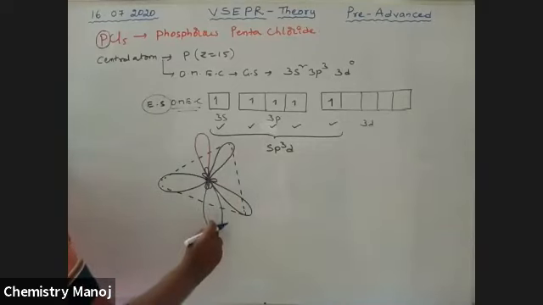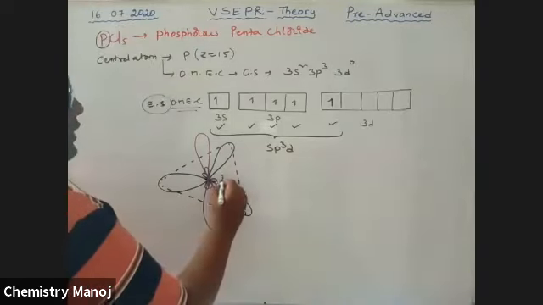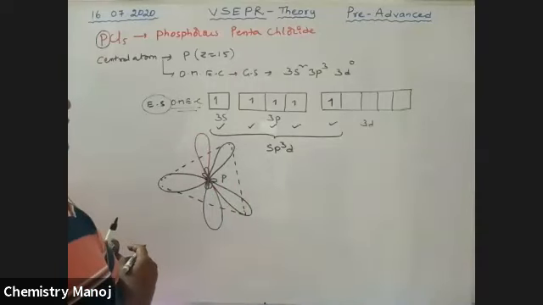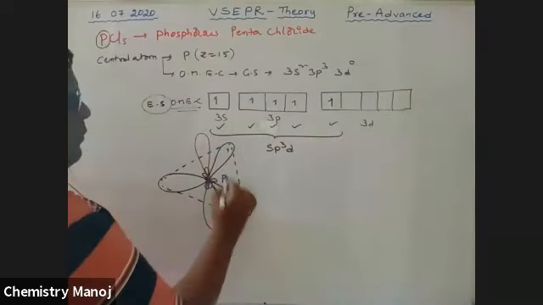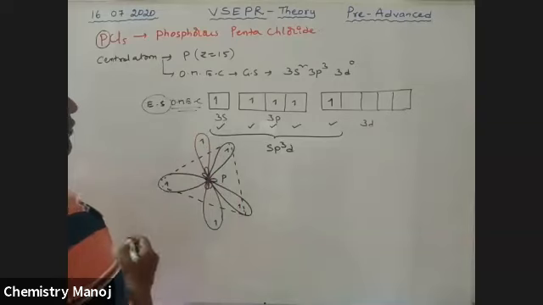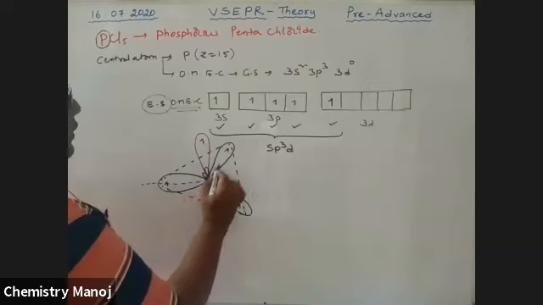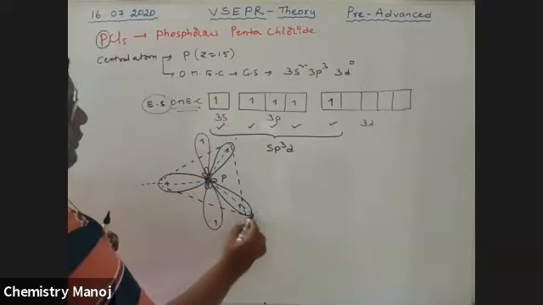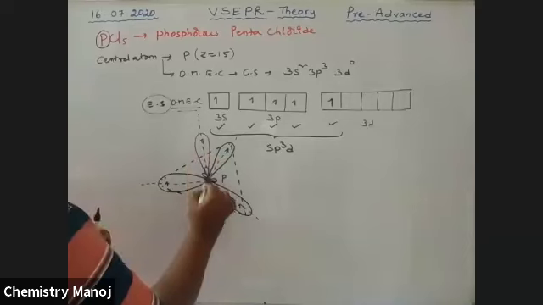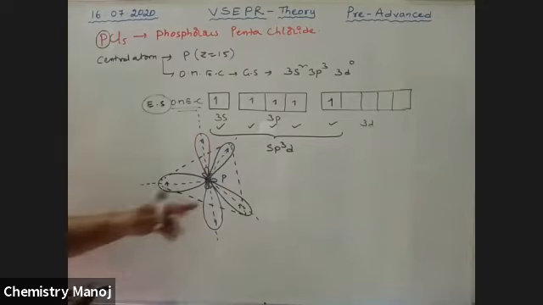These are from phosphorus. So 5 sp3d hybrid orbitals are there, each orbital having one unpaired electron. These are the orbital directions. So this is about phosphorus.